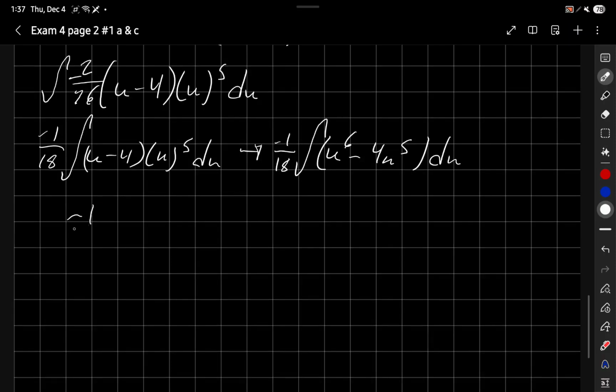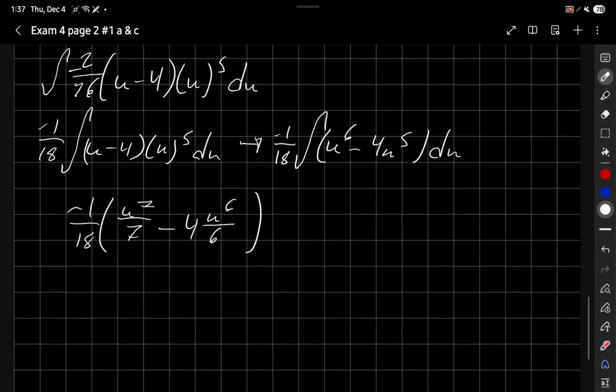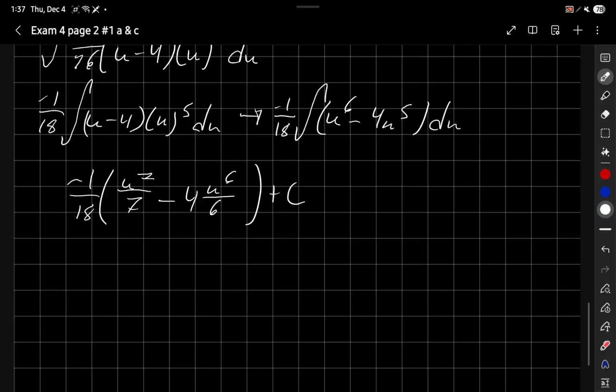So that'll be negative 1 over 18 times, that will multiply this entire thing, u to the 7th over 7 minus 4 times u to the 6th over 6. Perfect. And then plus c.